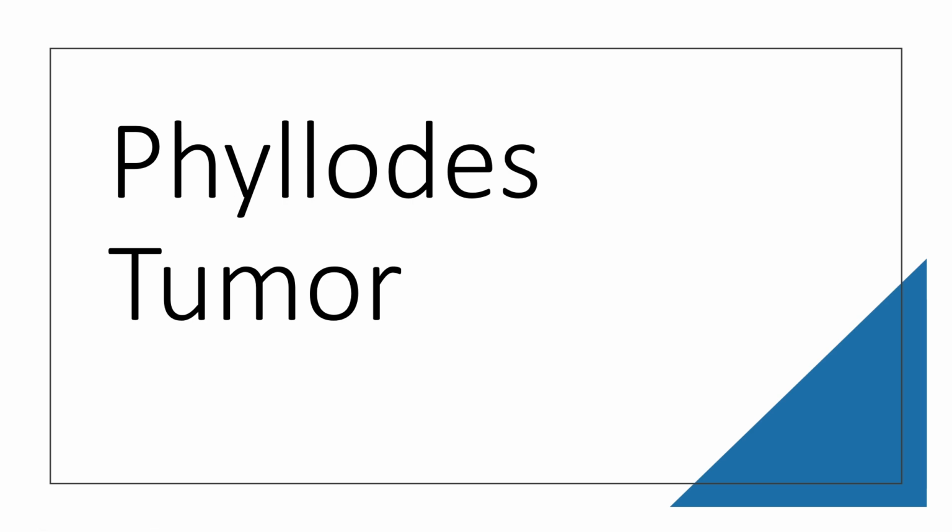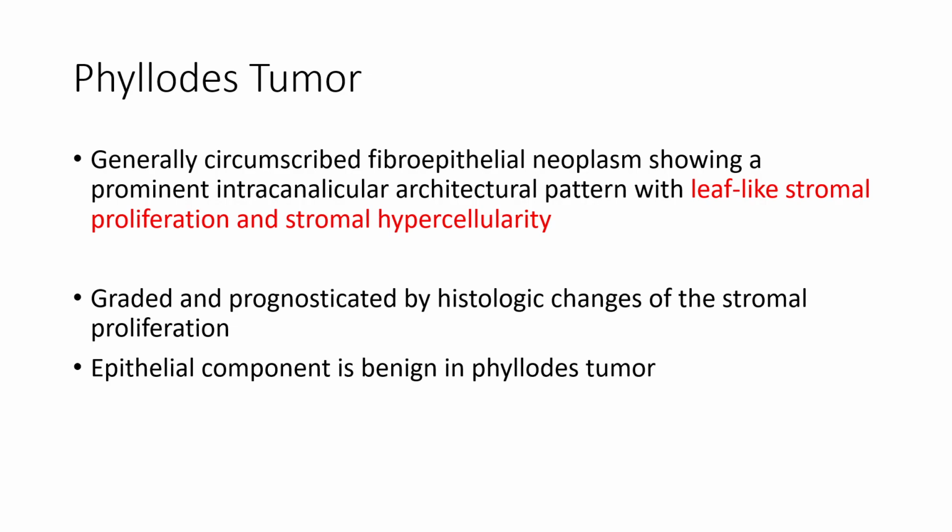So another topic today is the phyllodes tumor. Phyllodes tumor is generally also circumscribed when we call it benign phyllodes, but of course we also have borderline and even malignant phyllodes, and then they will show infiltrative growth. But the most important feature is the leaf-like stroma proliferation and stromal hypercellularity.